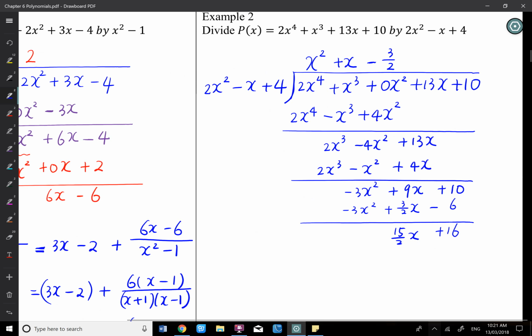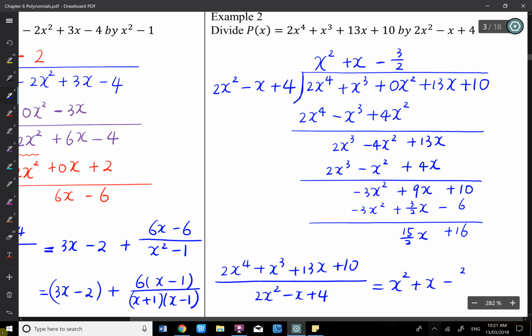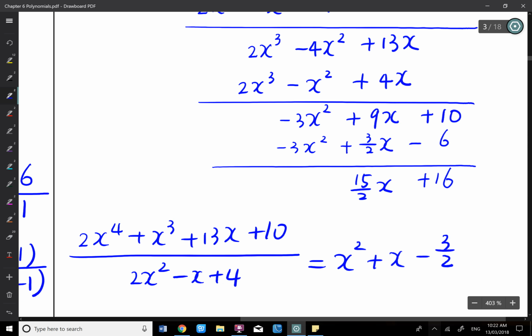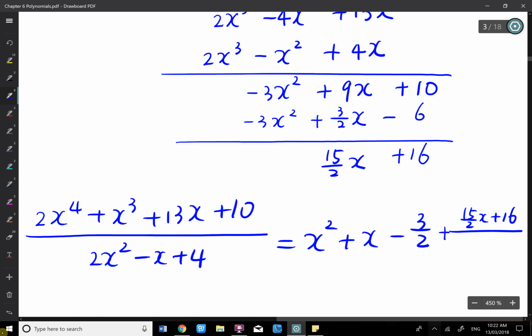So I can have 2x to the power 4 plus 13x plus 10 divided by 2x squared minus x plus 4 equals x squared plus x minus 3 over 2 plus 15 over 2x plus 16 divided by 2x squared minus x plus 4.